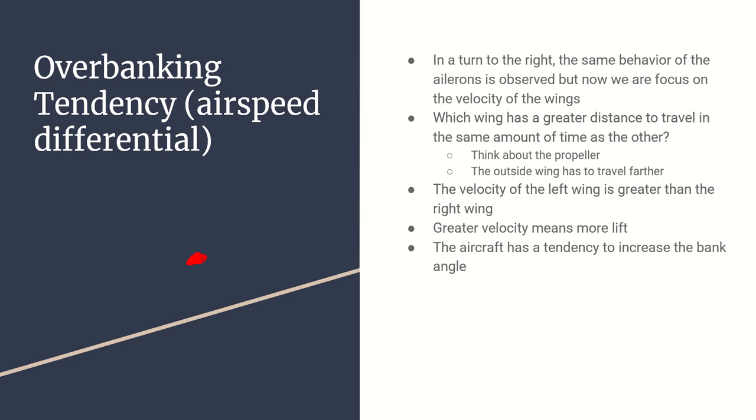So that means a greater bank angle, okay? So here's our little airplane. Let's see if I can kind of draw it decently. Okay, so there's a nose up front, and maybe I'll give these wings a little bit more life. Okay, that's the hardest part of doing these, is drawing.